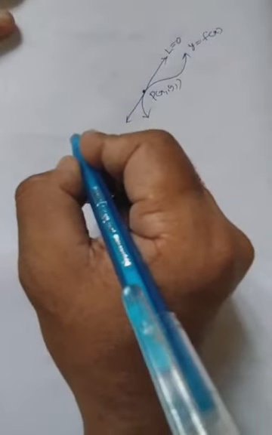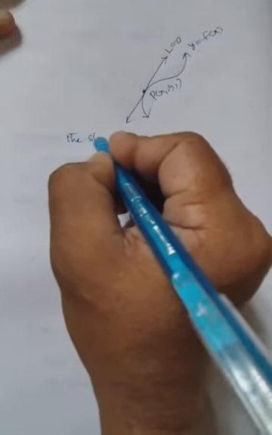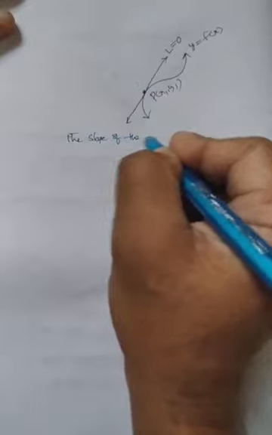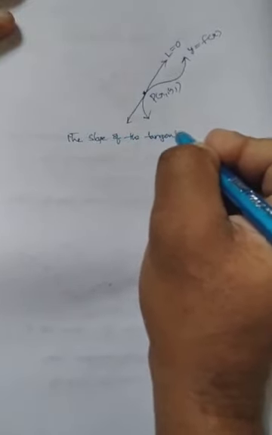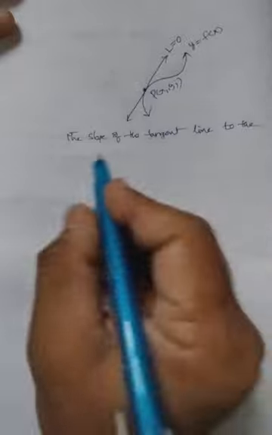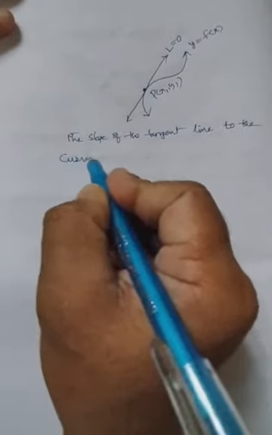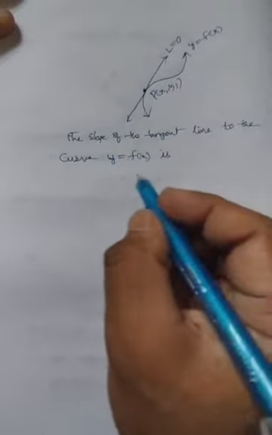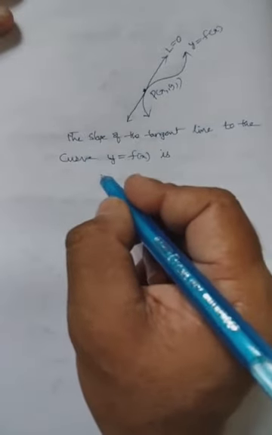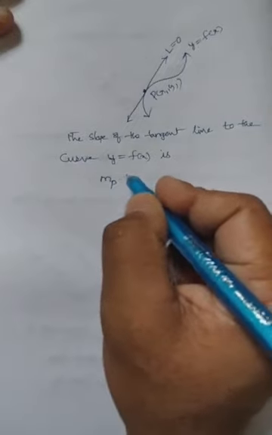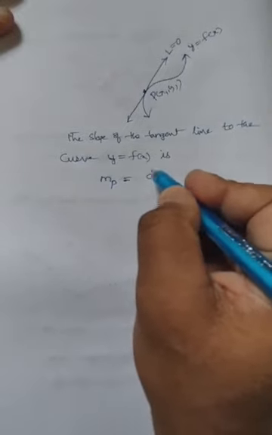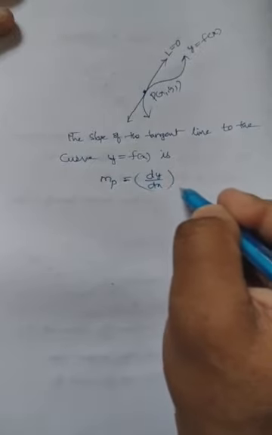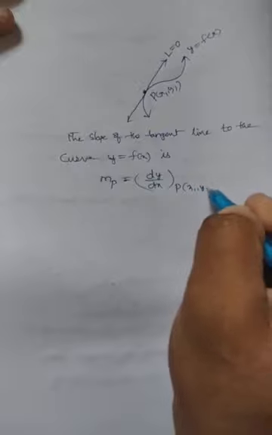Okay, so now we can mention that the slope of the tangent line to the curve y equals f of x is always indicated by which letter? m, at which point P. So it is called m at P, equals dy by dx at P, what is our point? x1 comma y1.